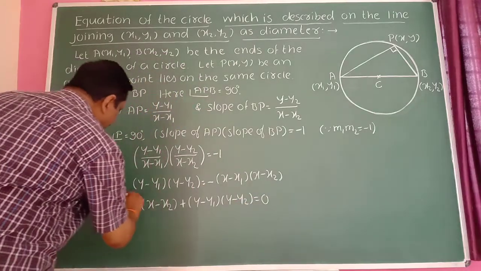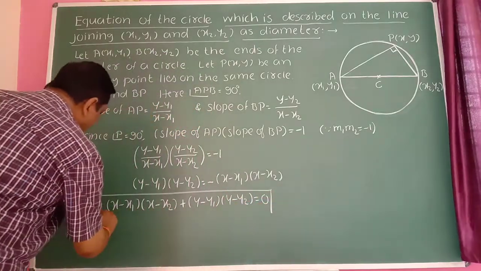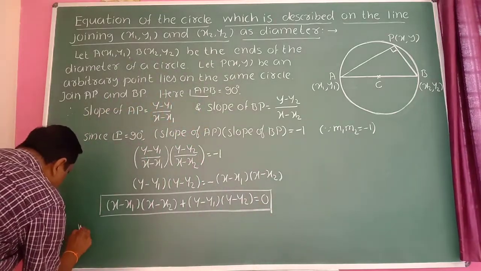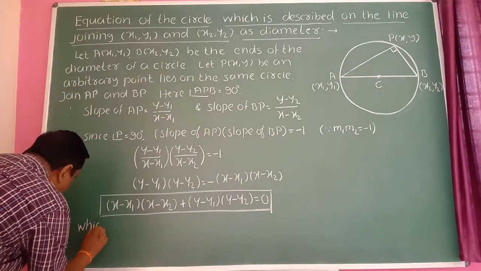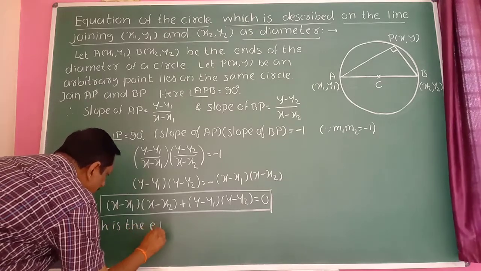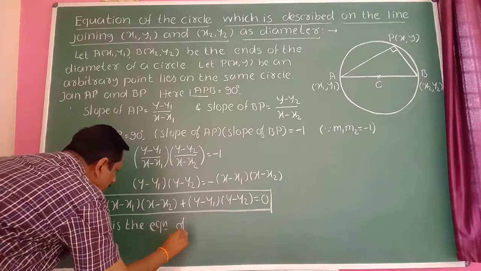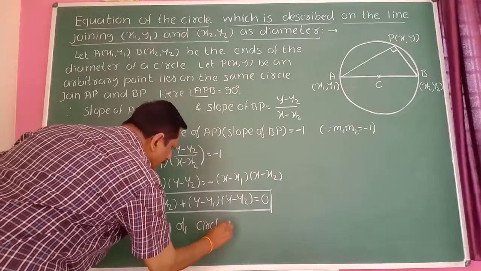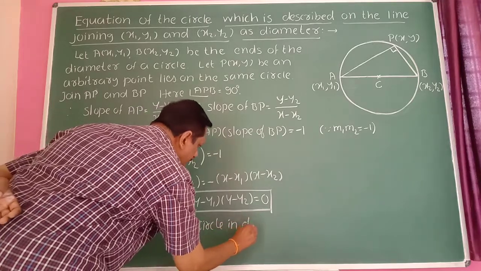So this is the equation of the circle in the diameter form, which is the equation of a circle in diameter form.